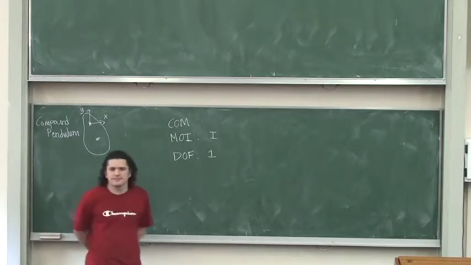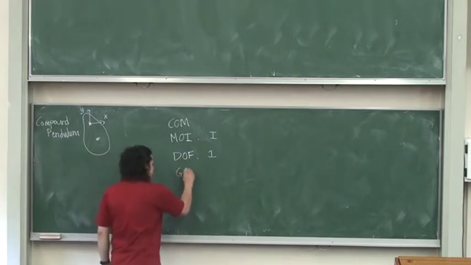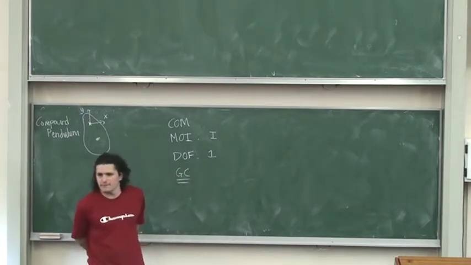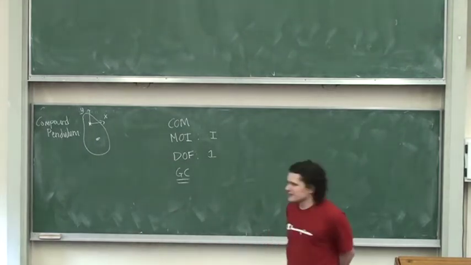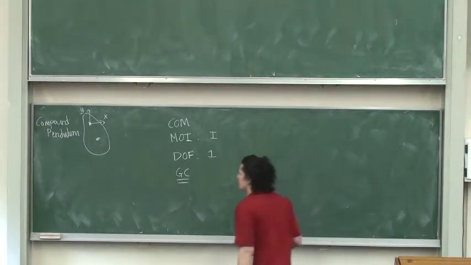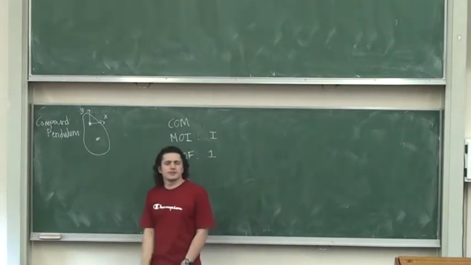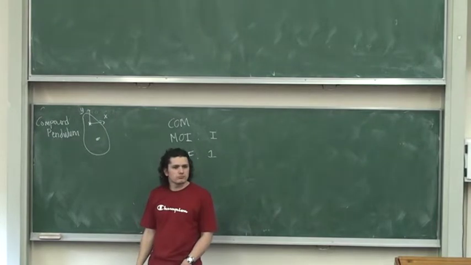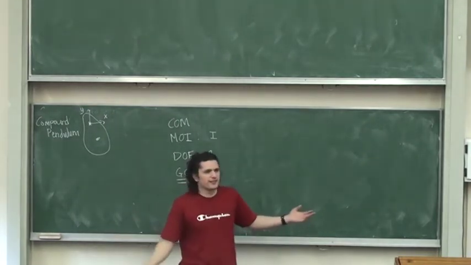What's next? Generalized coordinates. Well, that's a good question now. It's no longer just a bob on a rod. It's a general blob, a potato, a book, something. How do we define my generalized coordinate? So someone says theta. Where do I draw the theta?